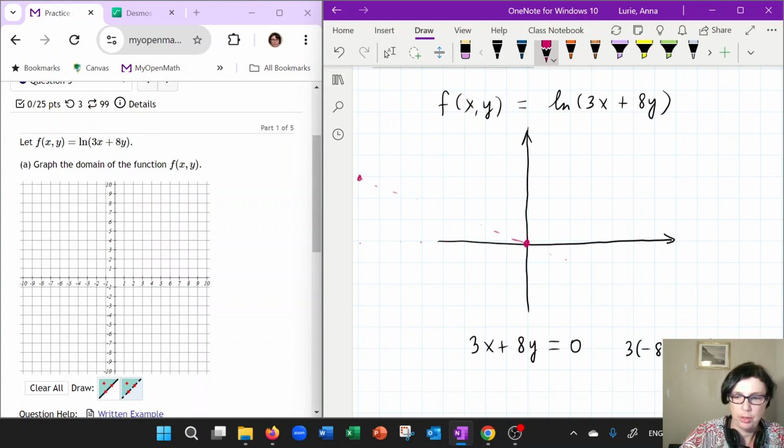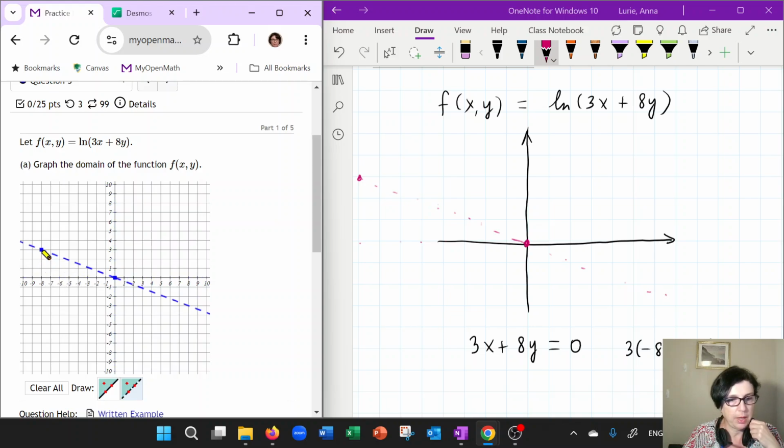That's going to be the boundary of the domain. And then I will just need to find a test point and figure out if the domain is above this dashed line or below the dashed line. But let's see if we can already draw the line. So it'll go through 0, 0, and it's also going to go through negative 8, positive 3. Okay, I got that. And now I just have to decide what is it going to be, top or bottom.